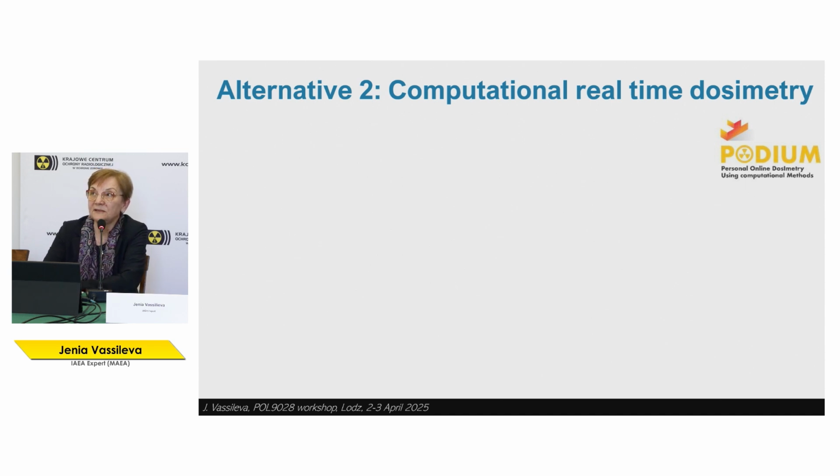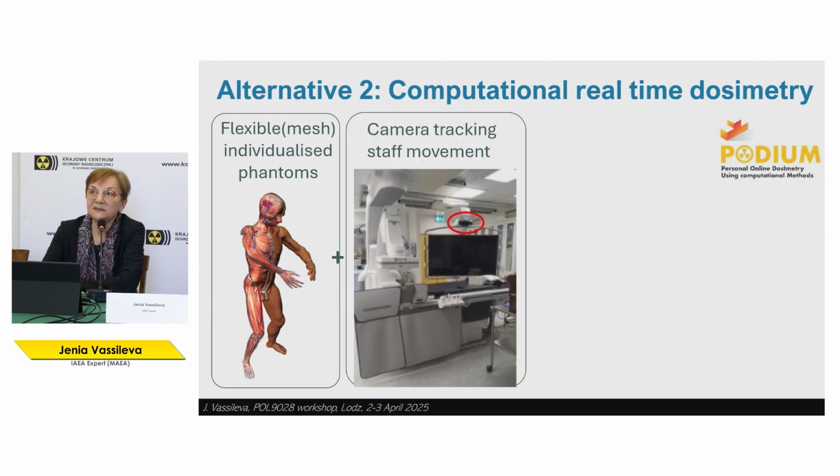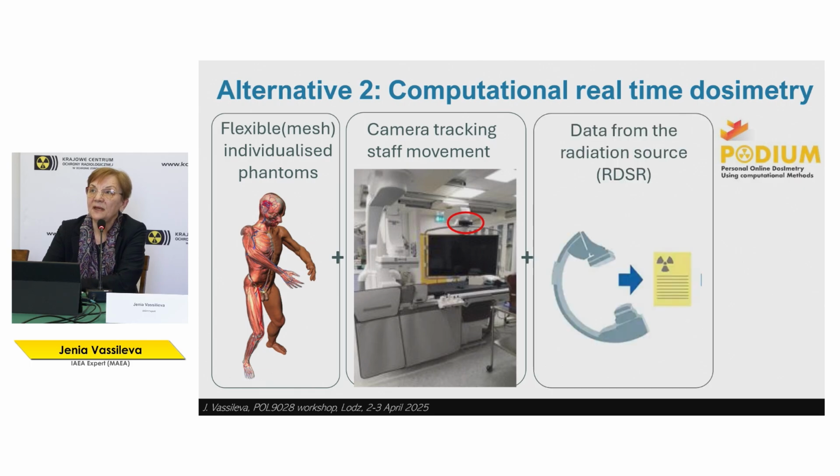The approach was developed under the European PODIUM project, personal online dosimetry. They used flexible mesh individualized phantoms, camera tracking of staff movement, a video camera in the room, and data from the radiation dose structured report, providing data for the source.